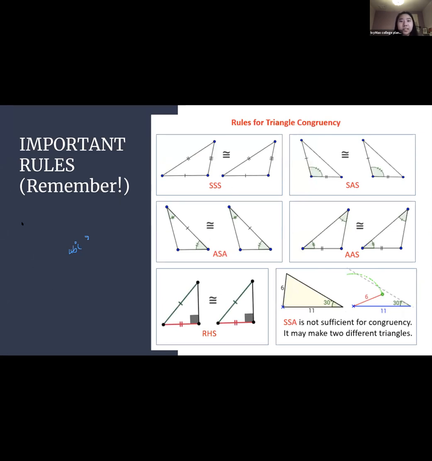So here are some important rules about triangle congruency. Just to let you know, S represents side and A represents angle. So if we say S, that means sides, and if we say SAS, that means side angle side. Please write the rules down.